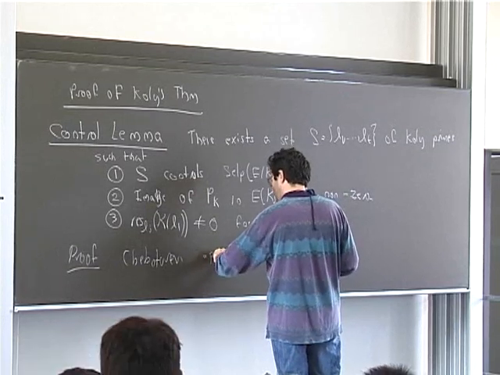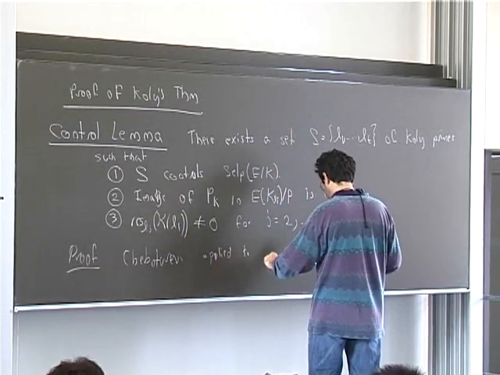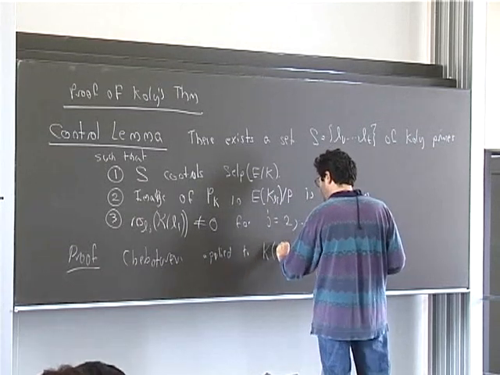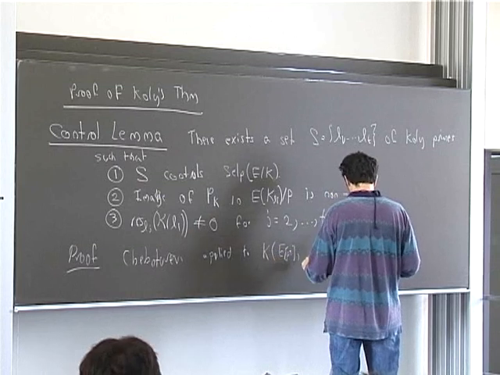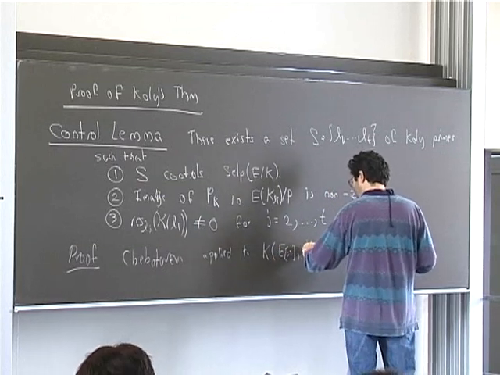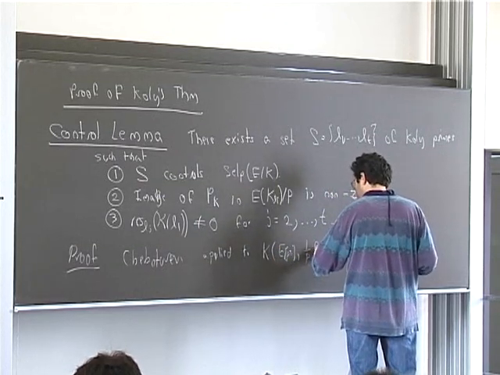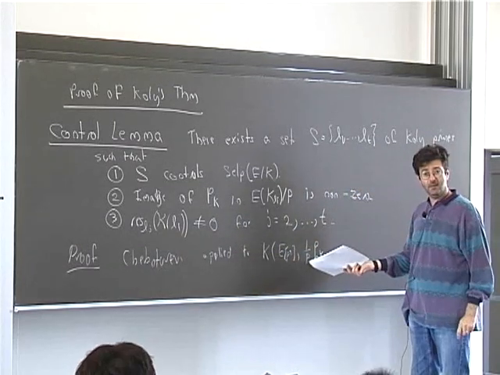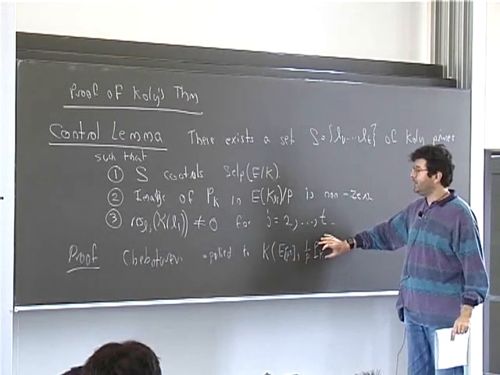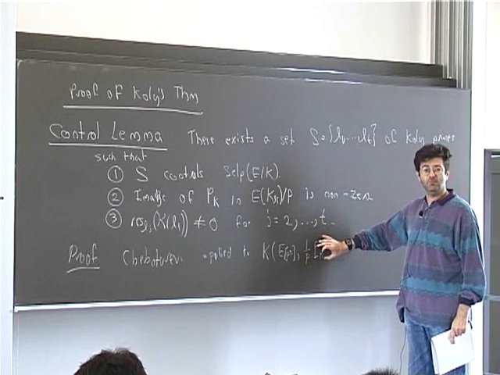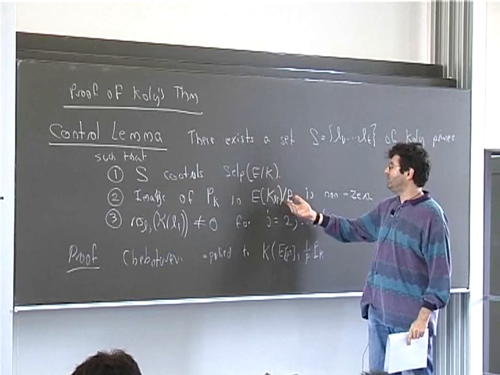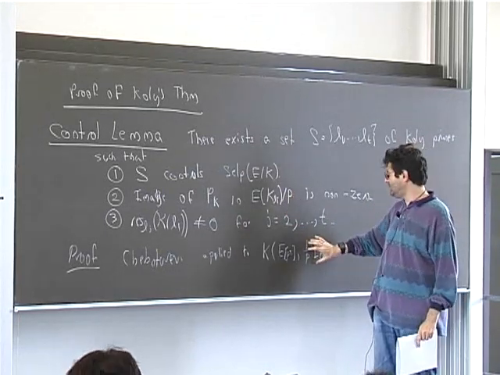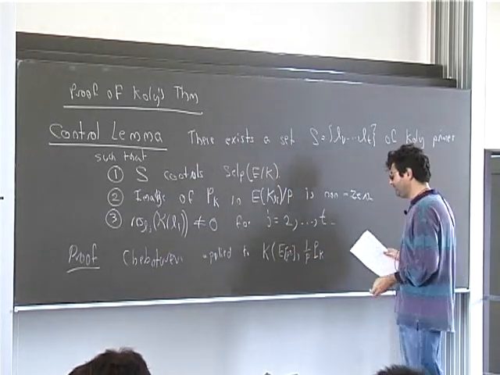You want to apply Chebotarev to the field which you get by adjoining to K the coordinates of the p-squared torsion points of E, dividing the Heegner point P_K by p. Now, here's where my assumption that P_K is not divisible by p is important, right? Because if P_K was globally divisible by p, I could never get this to be non-zero. But this is a non-trivial extension of this.